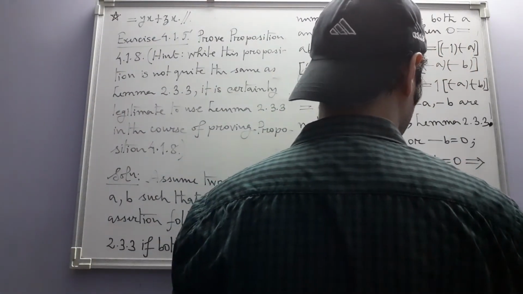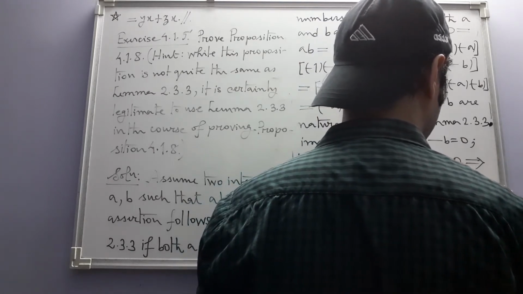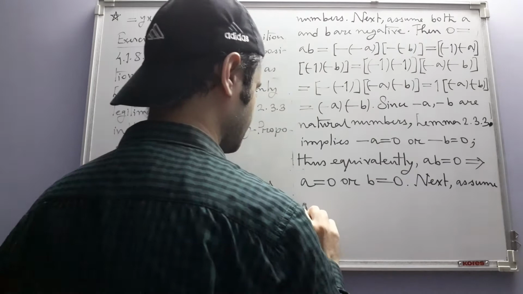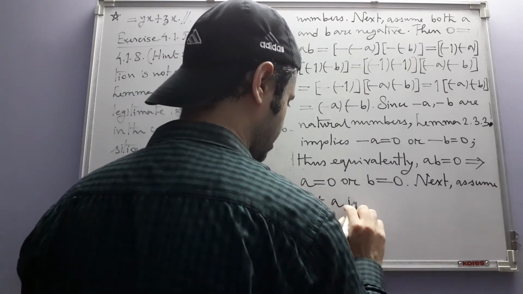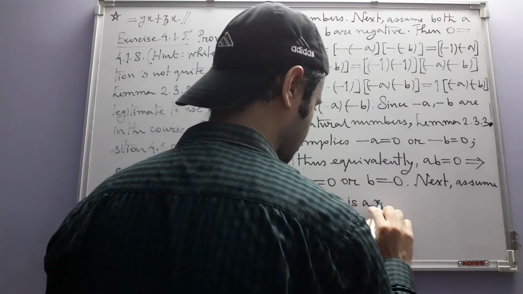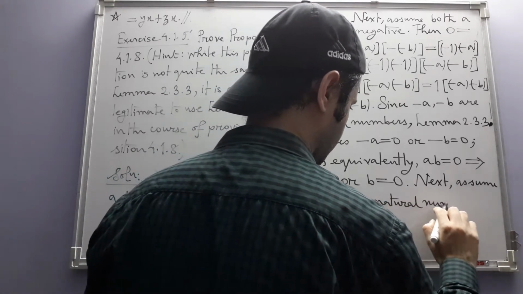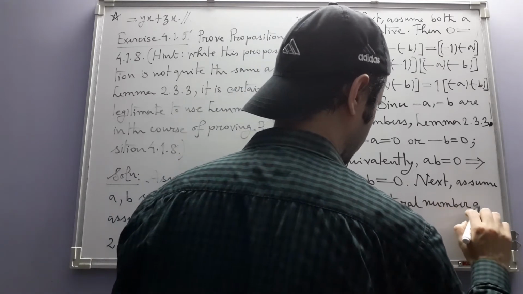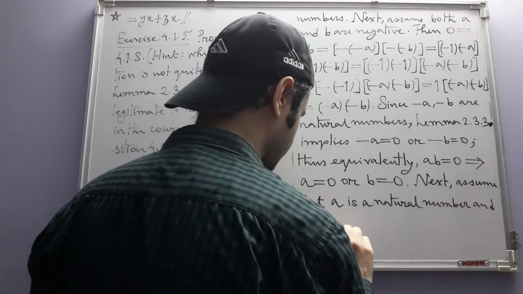Next, assume that a is a natural number and b is negative.